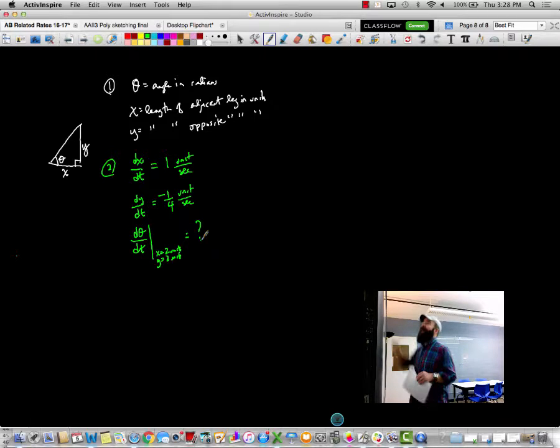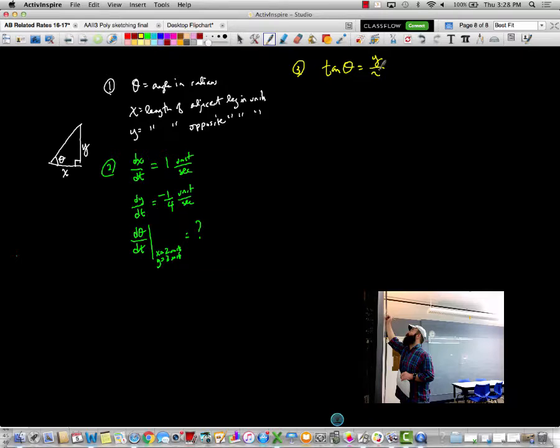So step 3 is draw a picture. I've already done that. And find an equation that relates the variables that you did in step 1. So I have these rates of change, I have these variables, and I want to relate theta, x, and y. When you're relating an angle and sides in a right triangle, that's SOHCAHTOA. So I have here tangent of theta equals y divided by x, and I chose tangent because y and x are opposite and adjacent sides.